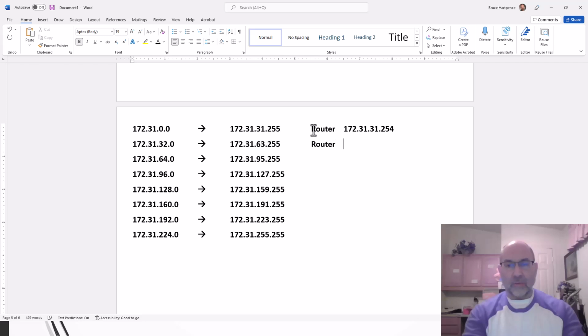So a router here might be 172.31.63.254. And you see a sort of pattern emerges because we have all this host space, 172.31.95.255.